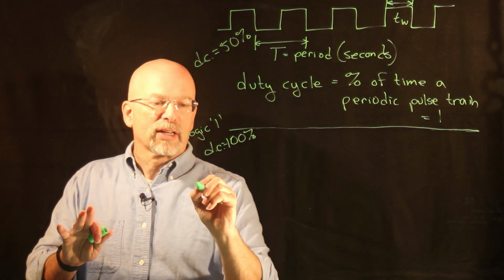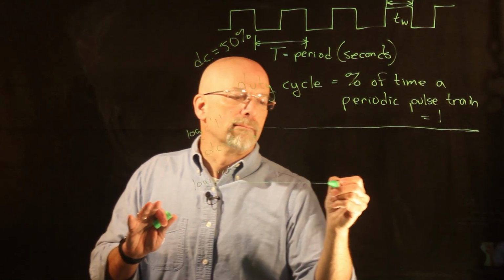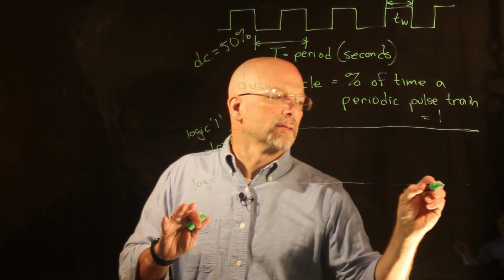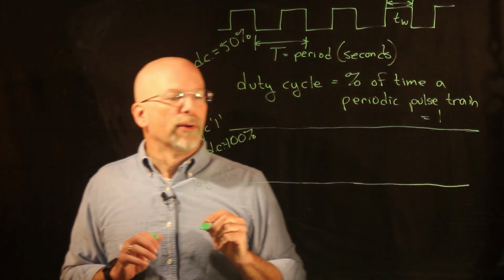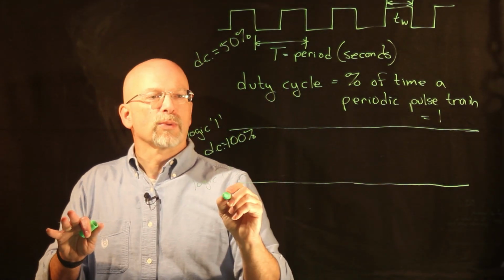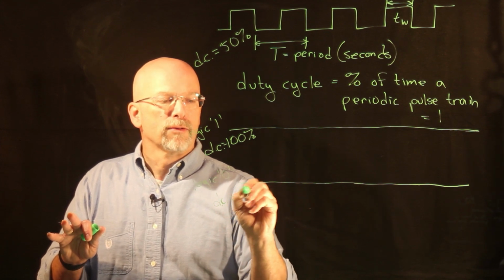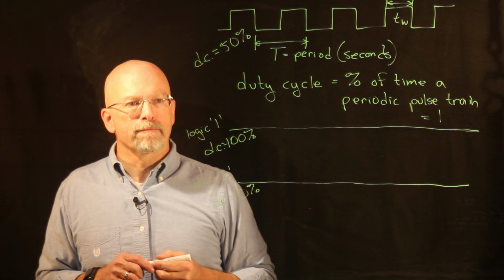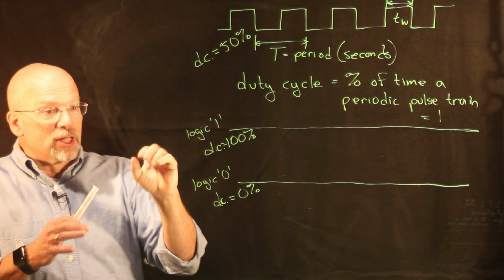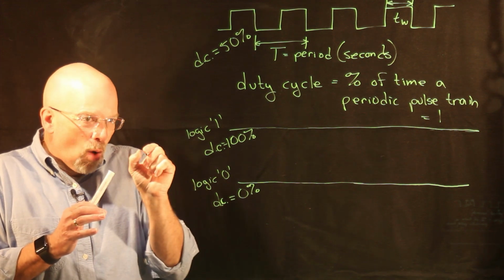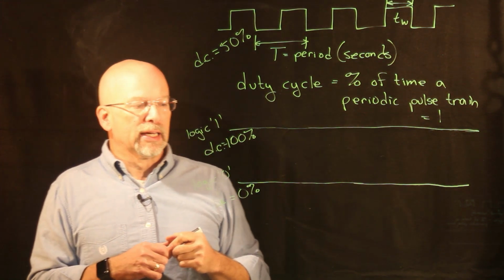If we have a constant logic 0, that is a duty cycle of 0%. In between, as the pulses get wider and wider, your duty cycle is slowly but surely increasing.